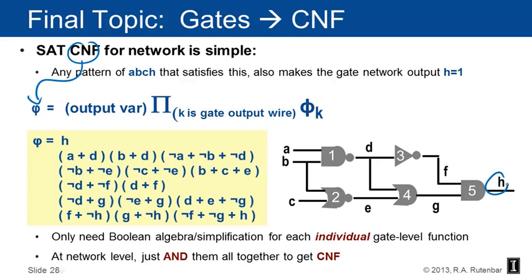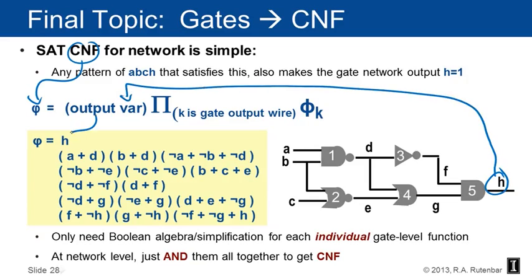And the idea is that you're solving for satisfiability for the whole thing. One of the things that's got to be true is that H is a 1. And the way you make sure that H is a 1 in this clause database is by putting a clause which has an H in it, which can only be satisfied if H is equal to 1.